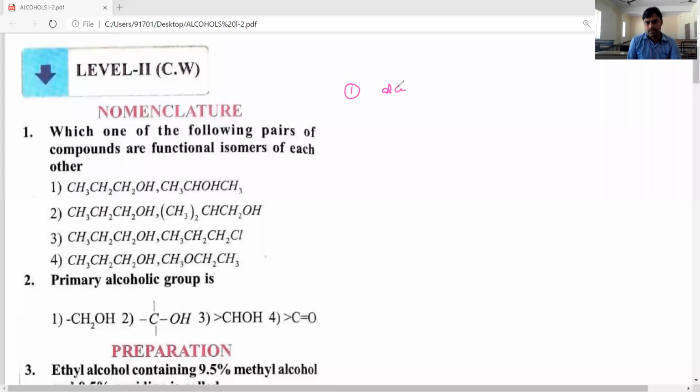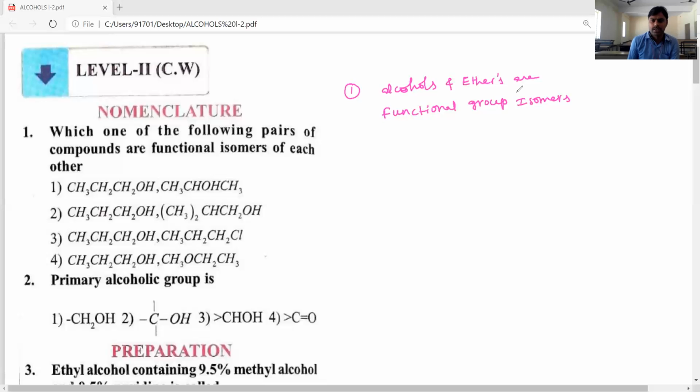Alcohols and ethers are functional group isomers. What is the meaning of functional group isomerism?